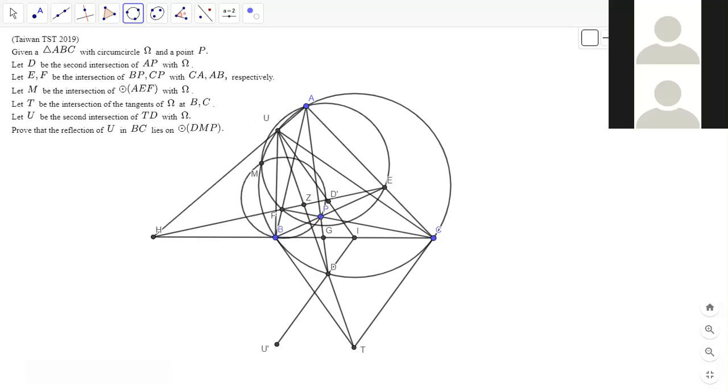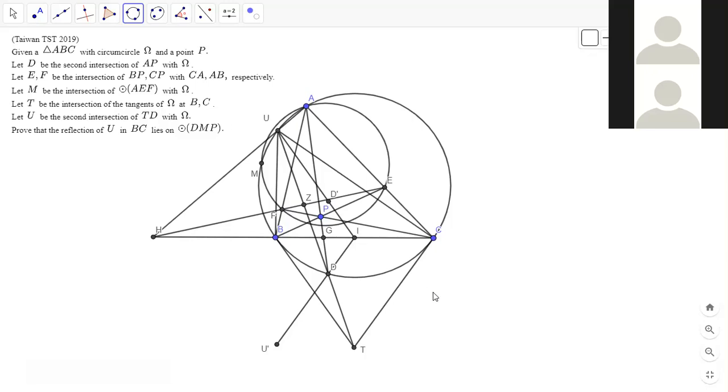Oh, but that doesn't look true. But what if we take, because we want to show that DMP U prime is cyclic. If we reflect them all over BC, we get U D prime, and then we need to reflect P and M over BC.